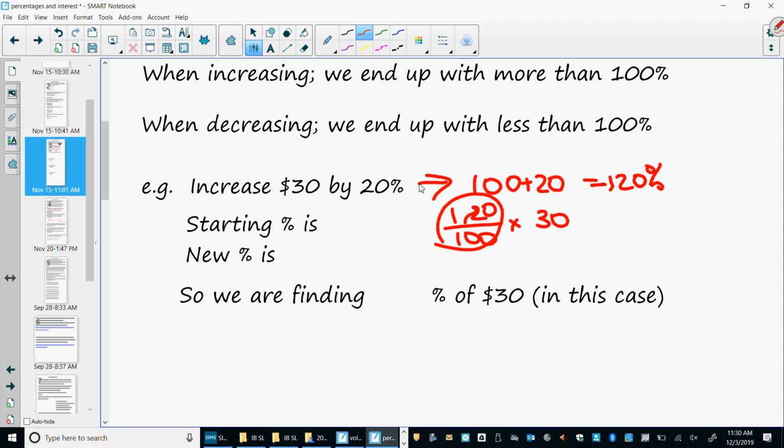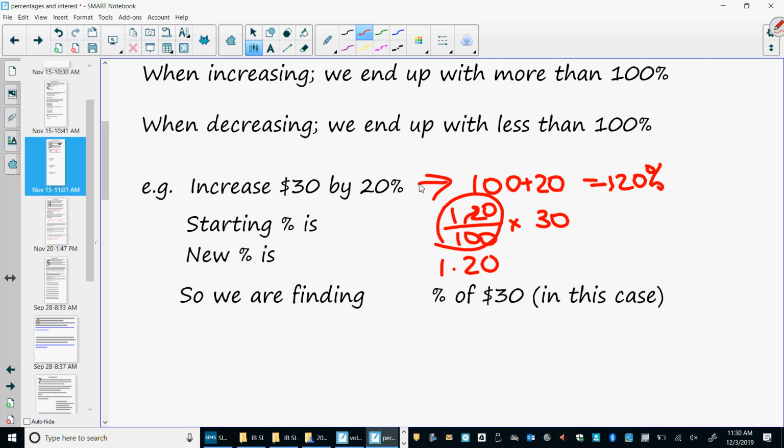Do you move the decimal to the right twice because it has two zeros? To the left, sorry. Yep, it's dividing, so we would move it left. So what would my value be? 1.2, or 1.20, yes.